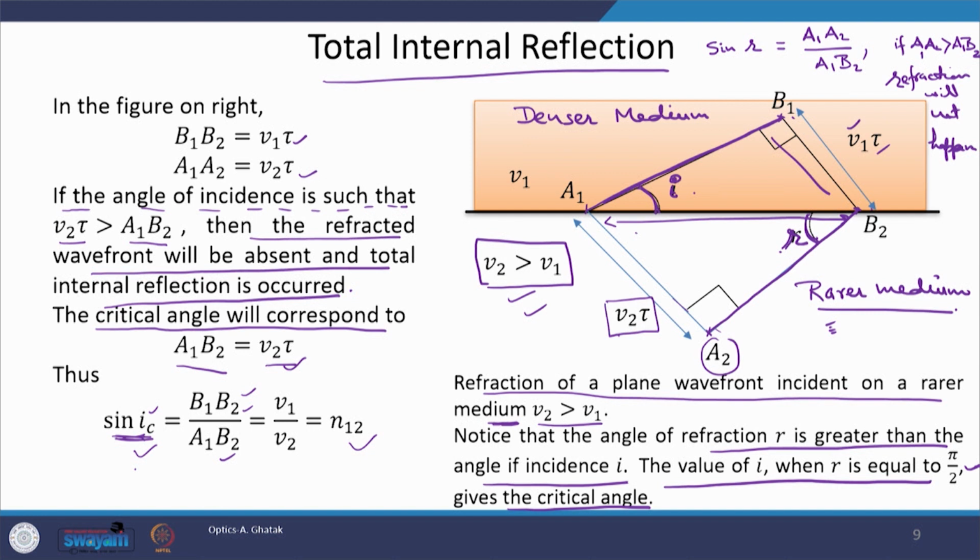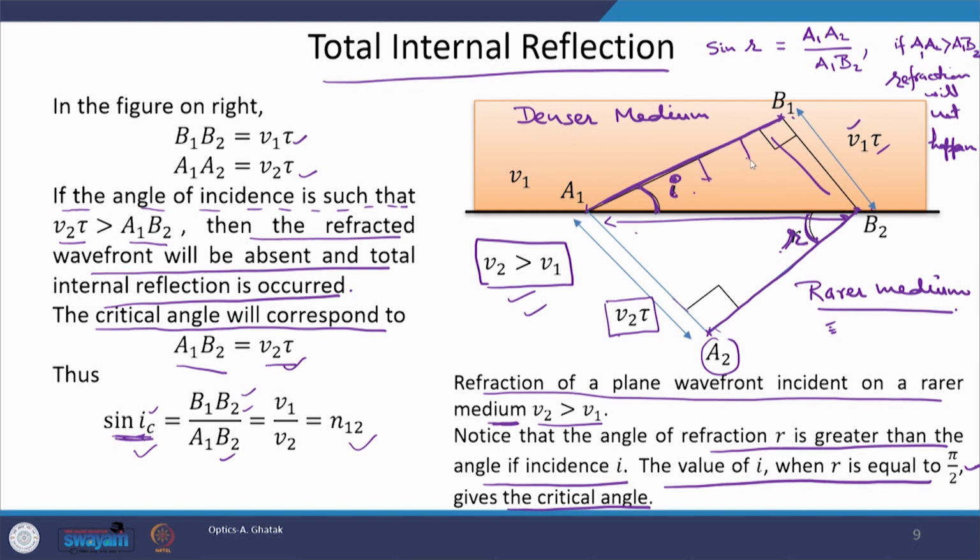We keep increasing I. Let me reframe this. A wavefront is made to be incident at some non-zero angle, falling from a denser medium onto an interface, and this interface separates the denser medium from the rarer medium.